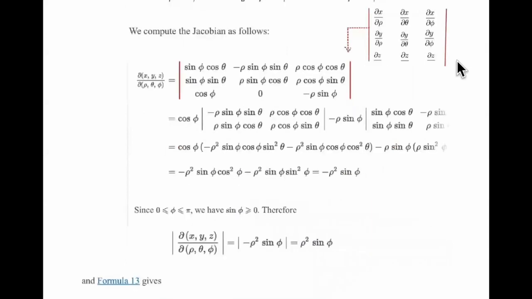And because phi is between 0 and pi, sine of phi is greater than or equal to 0. So the absolute value of this Jacobian is going to be rho squared sine of phi.